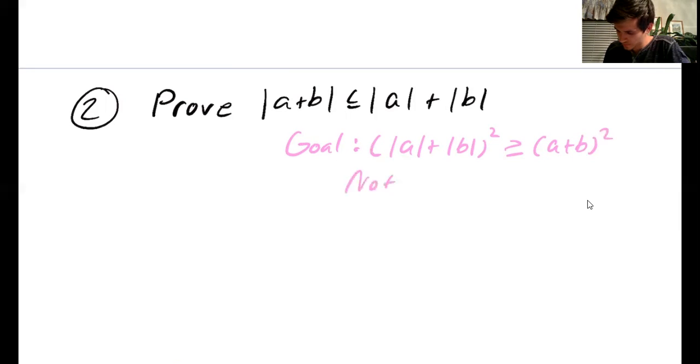And note that for all x in the reals, absolute value of x squared is equal to x squared. Okay.